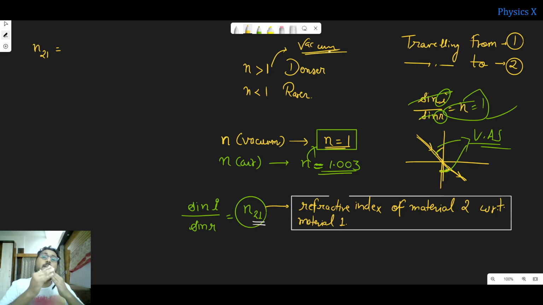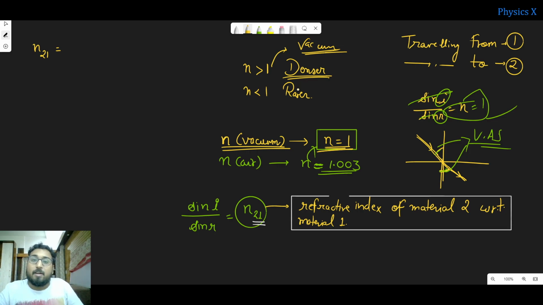When a ray of light travels in vacuum, there is no refraction. So if n is equal to 1, it is vacuum. If n is greater than 1, it is not vacuum. n greater than 1 means the medium is becoming denser and denser, so there will be more and more bending. That is why it is denser with respect to vacuum.